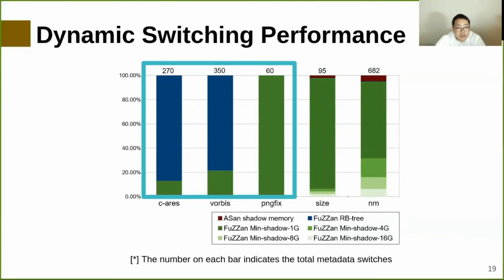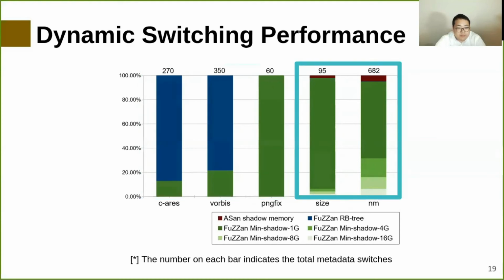For instance, these applications in the box were dominated by different metadata structures. For example, c-ares for arbitrary and libpng for min shadow memory. Therefore, without any user effort, dynamic switching mode automatically selects the optimal metadata structure.